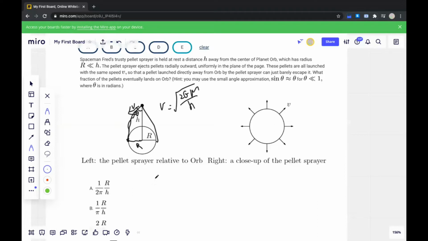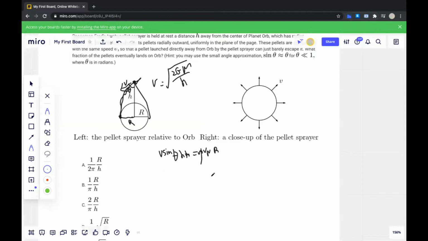Then conservation of angular momentum tells us that v times sine of theta times the distance from this point to the center of the planet, which is h, times the mass, is going to be equal to m times this new velocity, so v sub n times r. We can get rid of the m's.